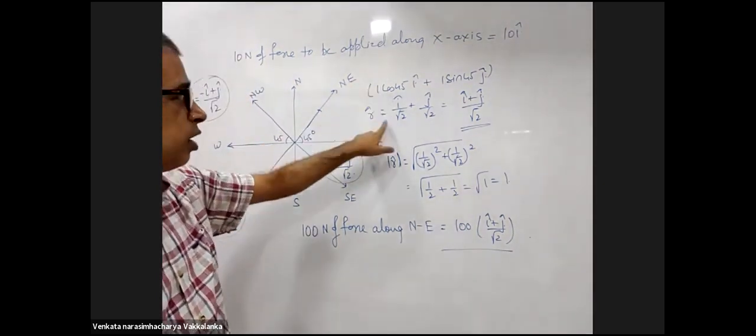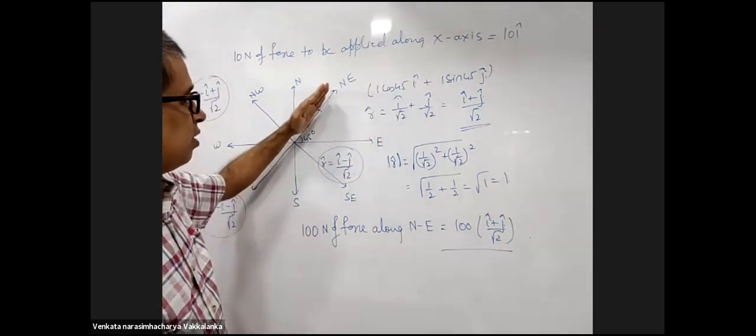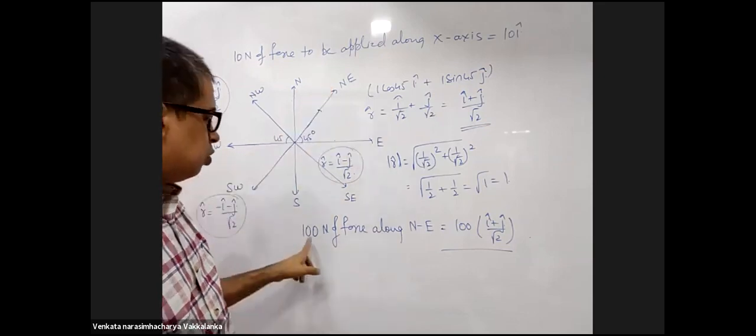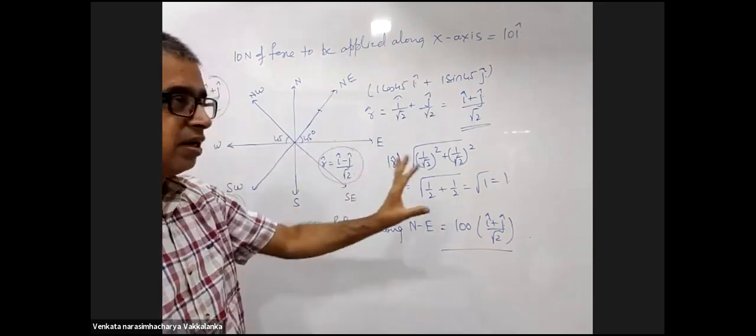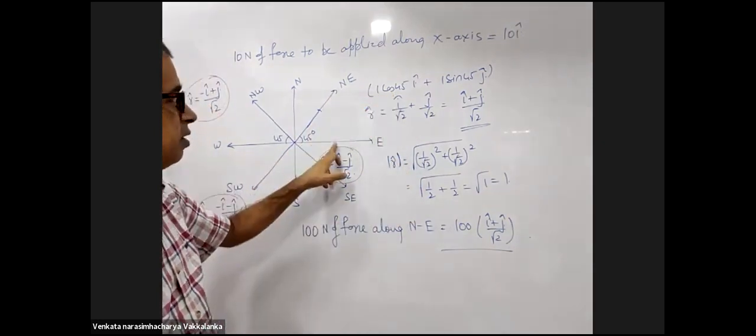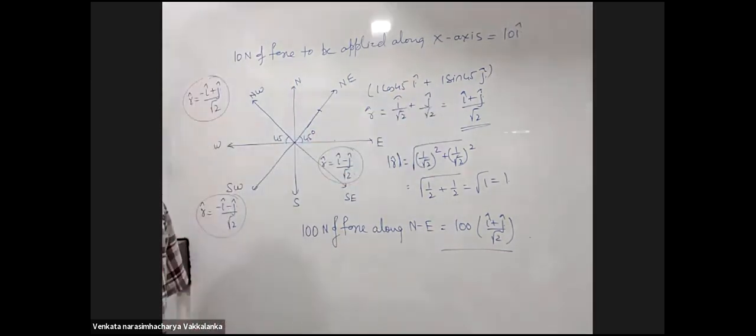Unit vector. You are in search of a unit vector. You want a unit vector in this direction. Okay, sir. Into the magnitude 100, I will get the complete vector. So 1 cos 45, 1 sin 45. You were in search of a unit vector, so you are taking 1.